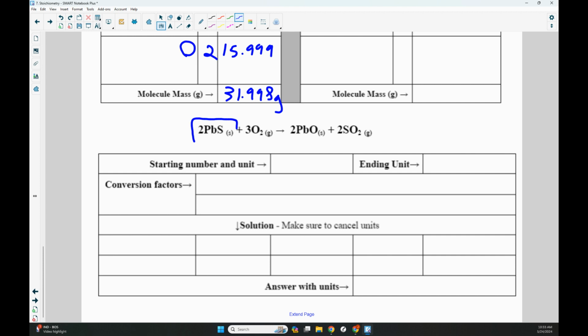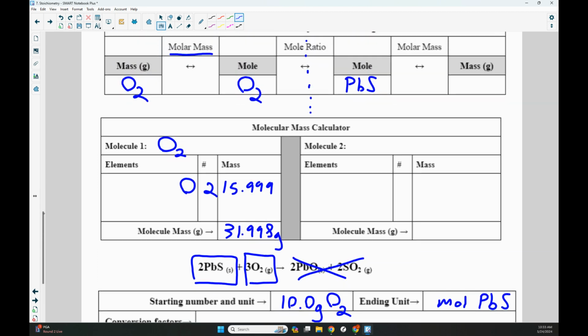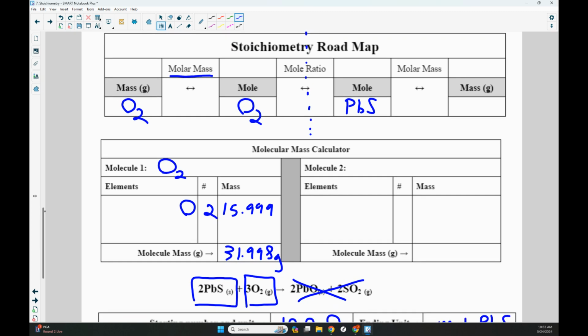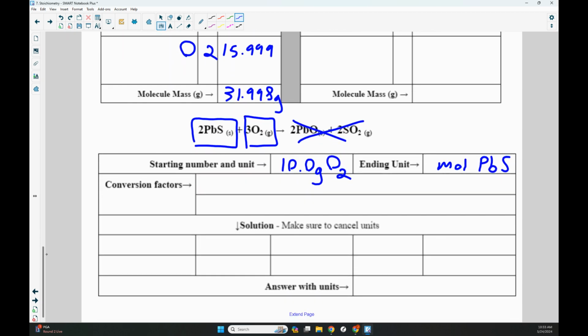Again, we're interested in these parts of the equation. For this particular question, we can ignore the products. So my starting number is 10.0 grams of O2. I get that from the question. And I'm trying to figure out the moles of PbS. So going in order, using my roadmap here, step one is to convert from grams of oxygen to moles of oxygen.